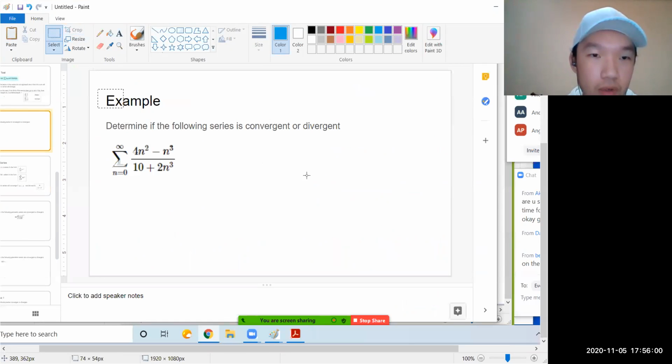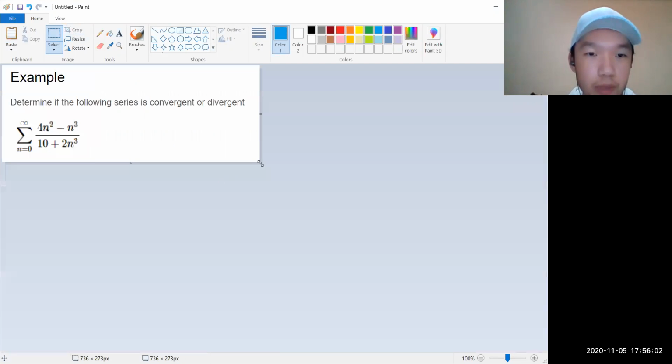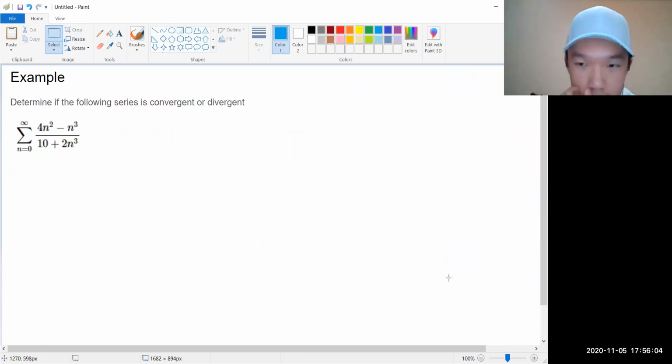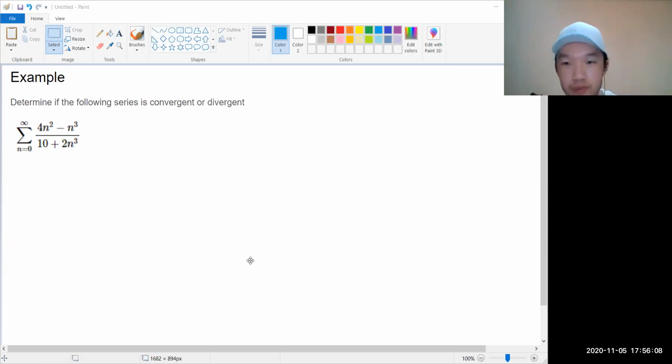All right, so yeah, what's your question about this slide? Oh, okay. Then what page? Geometric series. Let's see what page that is.